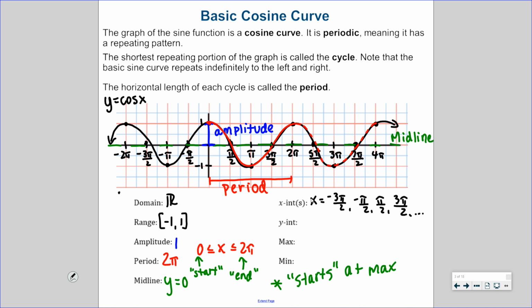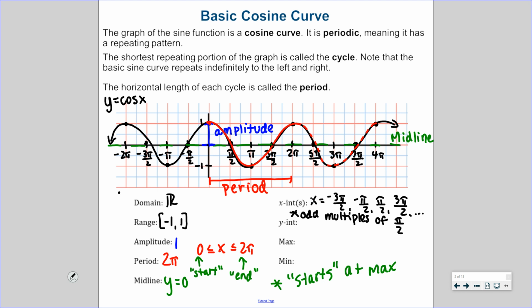If I said multiples of pi over 2, that's counting them all. So any ideas of how I could say that? How could I differentiate? Okay, close. Look at your numerators here. 3, -1. Odd. Odd multiples. Good. Odd multiples of pi over 2.